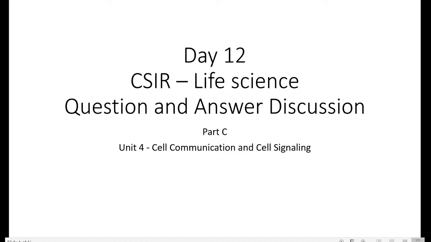One more important thing about Part C: there are three important units, that is the fourth unit, fifth unit, and 13th unit. Fourth unit is cell communication pathway. It's a very important topic. In the past 10-year analysis, this unit has 7 Part C questions. If you attend one Part C question, you can get 4 marks.